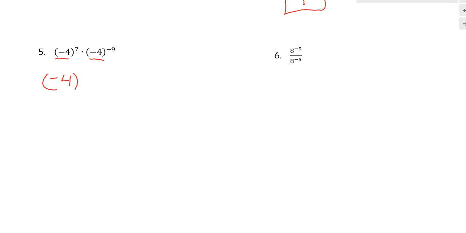And then I have to add my exponents. So I have negative 4, 7 plus negative 9 is negative 2. Well, I don't want negative exponents, so I now have to flip my fraction. Technically this is over 1, so it's going to be 1 over negative 4, and that 2 becomes positive. Okay, 1 over negative 4 squared.